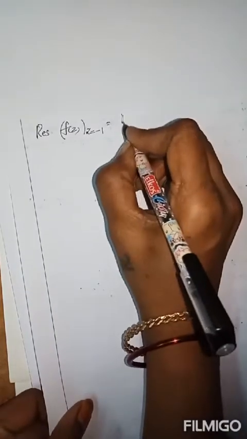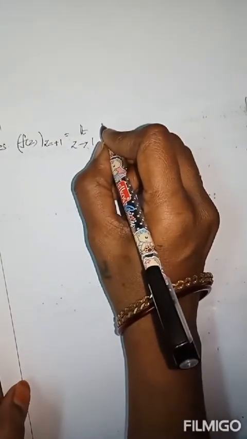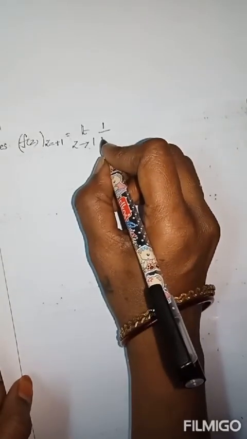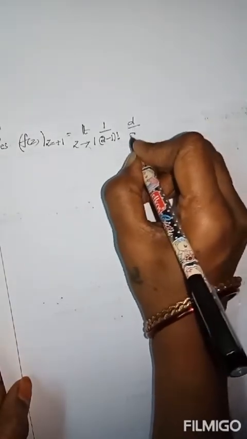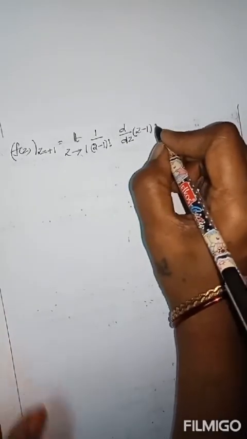So the residue of f(z) at z equal to 1, not minus 1, is limit as z tends to 1, with m equal to 2, 1 by (2 minus 1) factorial, d by dz of (z minus 1) squared times f(z).